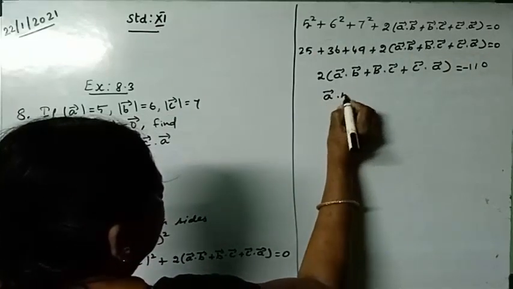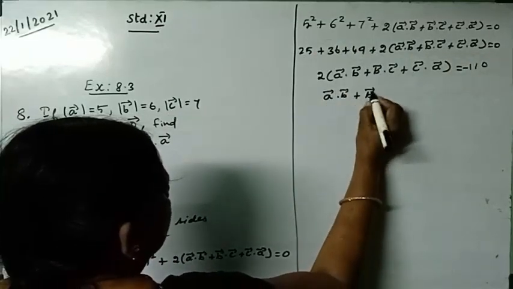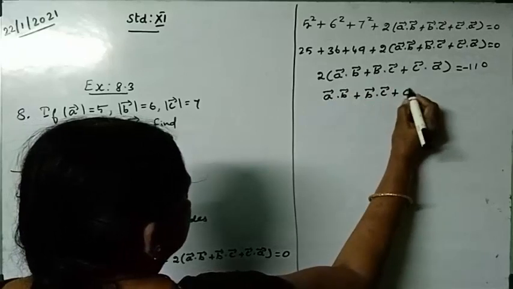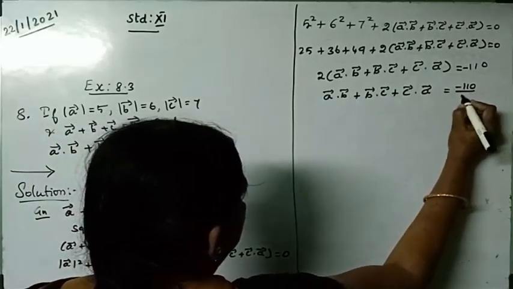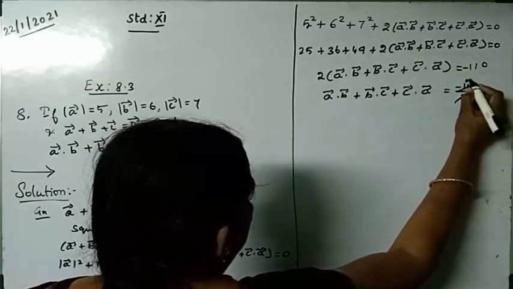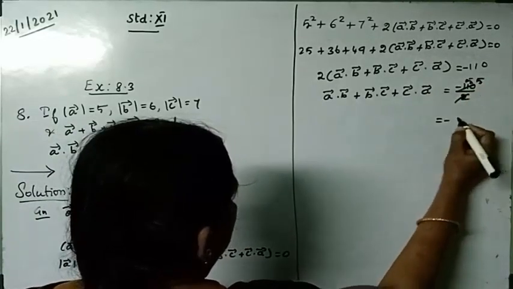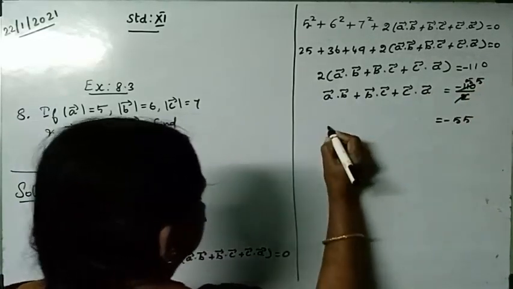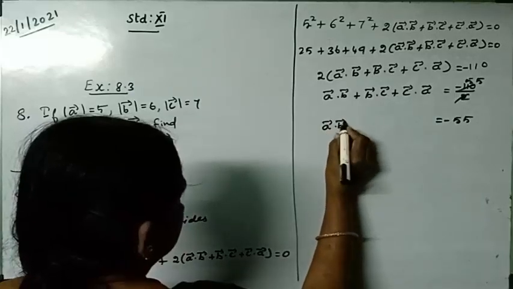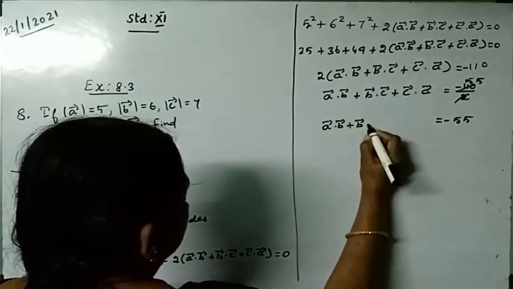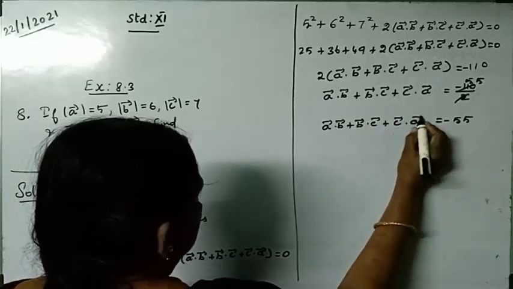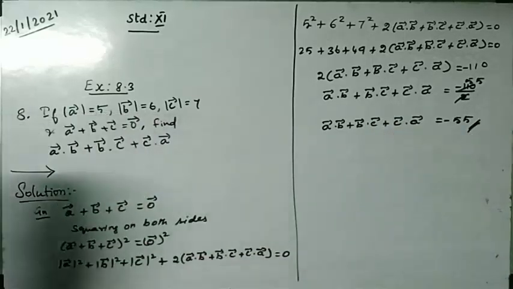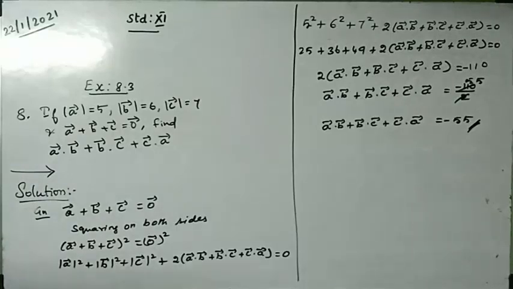So A dot B plus B dot C plus C dot A is equal to minus 110 by 2. Cancel it, 55, so it is equal to minus 55. Don't forget the left hand side and the right hand side. This is the answer. Very simple.